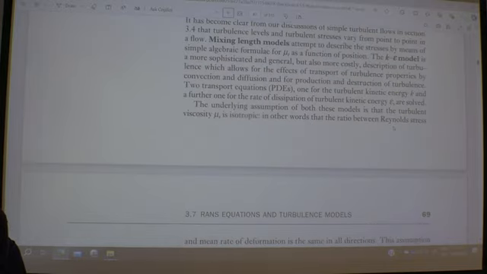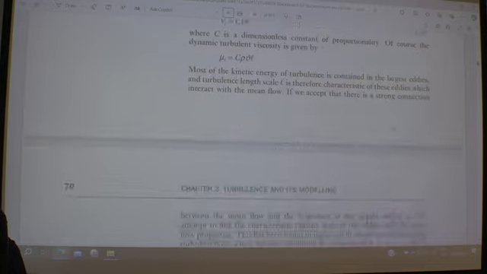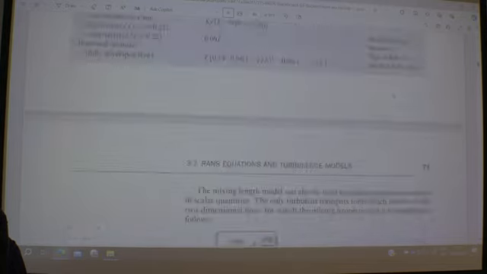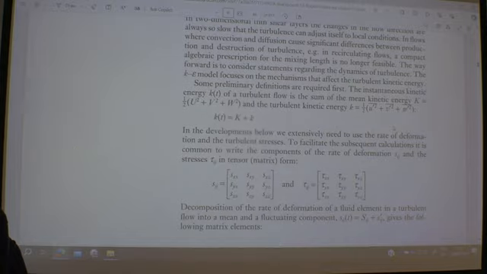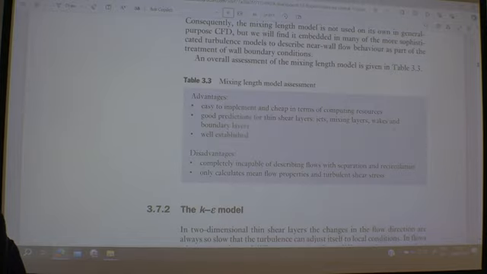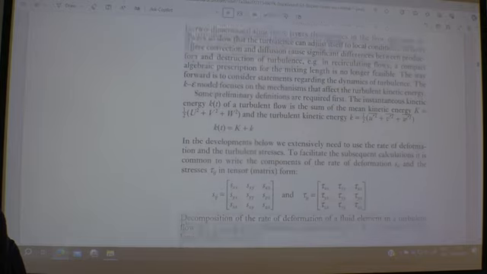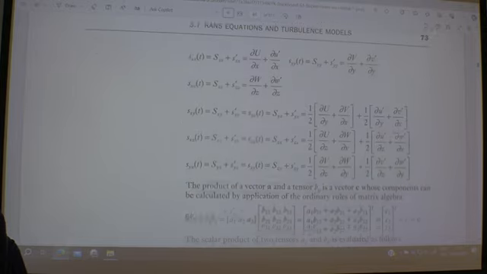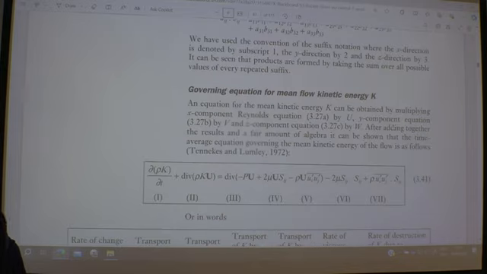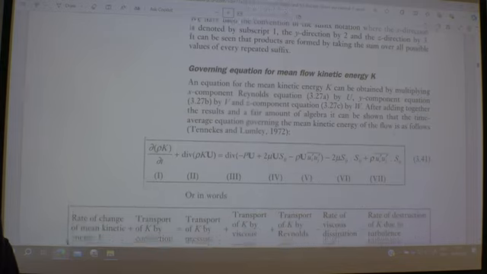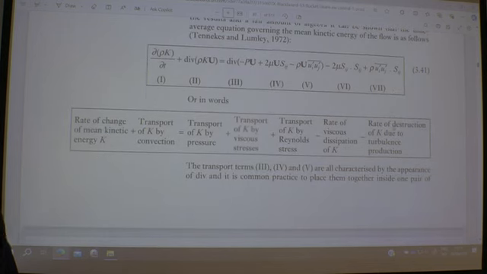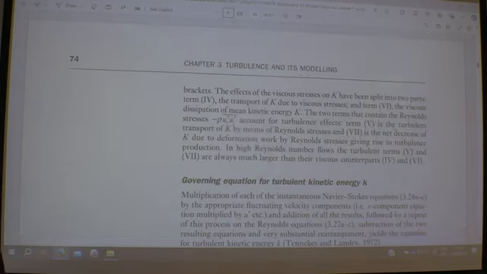And then here he goes into the detail of the different models, and here we have the K-epsilon. So if you want to see at least an example of how such an equation may look, then here, not that one, that's the exact one, which you can simply forget because it's not possible to find it accurately anyway.